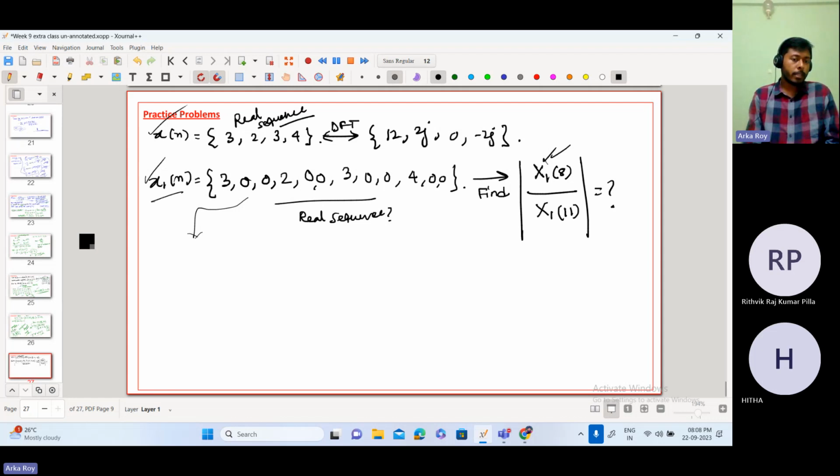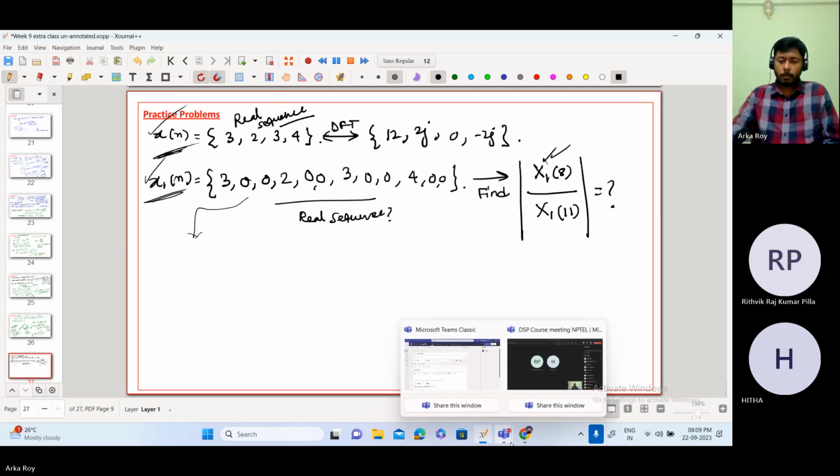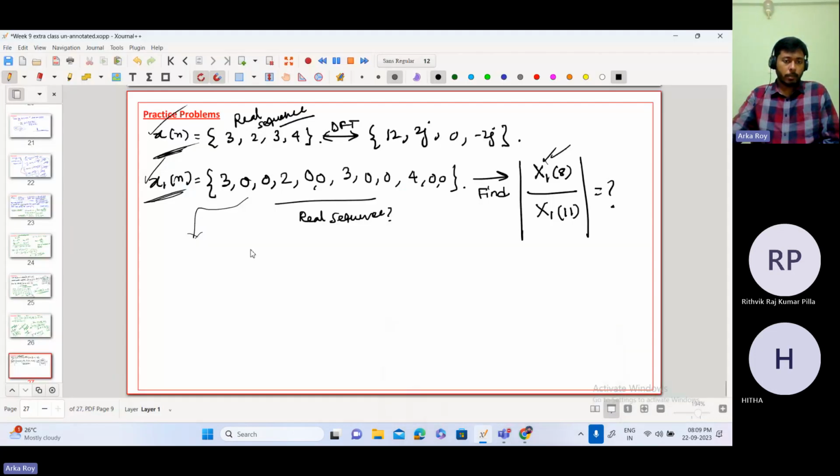What is the relation between these two? Anyone? You can just unmute yourself and tell me what is the relation between x1[n] and x[n].